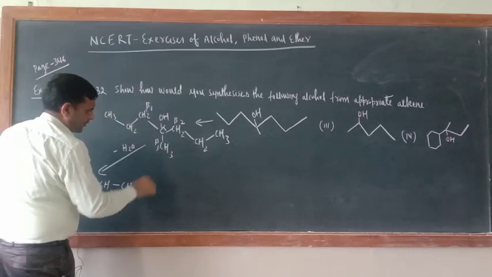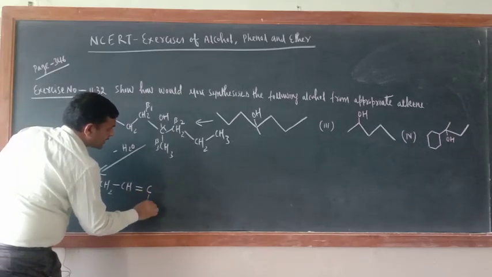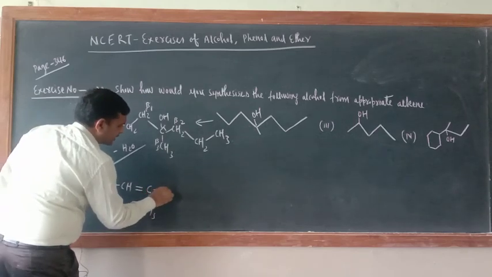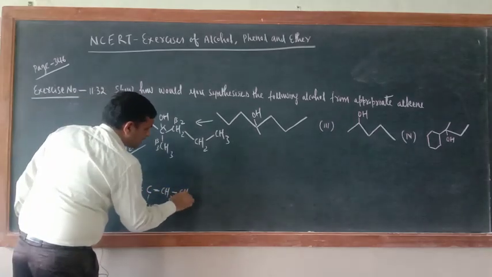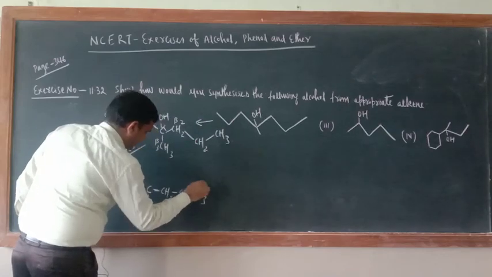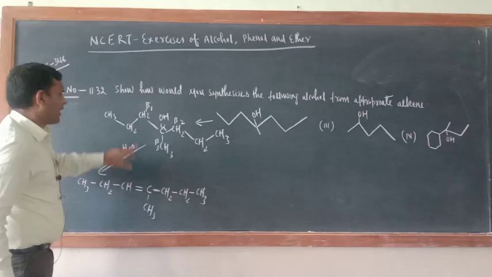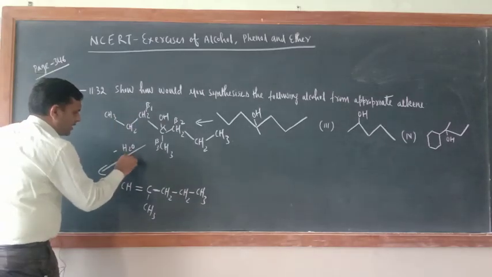Now here CH3 and this side CH2 and CH3. Correct or not? So 2 3 4, correct. This is the product when it is eliminating from beta 1.